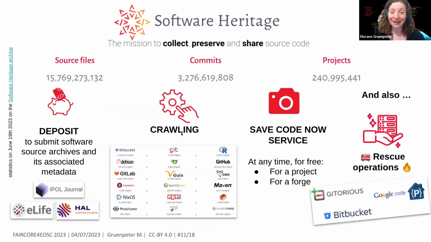Software Heritage is actively crawling the existing forges and package managers to hold all the software source code. And there are mechanisms to actively go and save code by saving a project or identifying a full forge. Finally, Software Heritage is also doing rescue operations with forges that already closed and are now safely in Software Heritage.